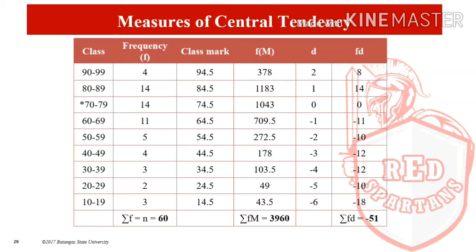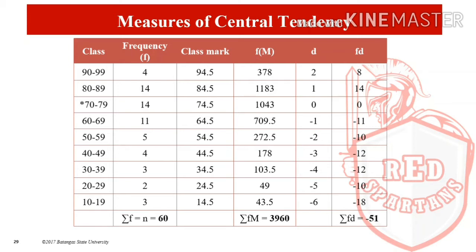Imumultiply lang natin si frequency kay class mark or midpoint. So, 4 times 94.5 equal to 378, 14 times 84.5 equal to 1183, hanggang 3 times 14.5 equal to 43.5. Ang gagawin lang natin, kukunin natin yung sum ng f times m. So, ang sum niya is 3960.